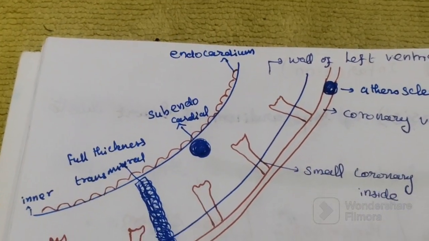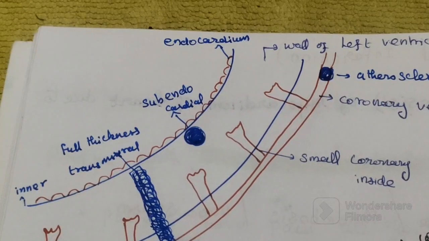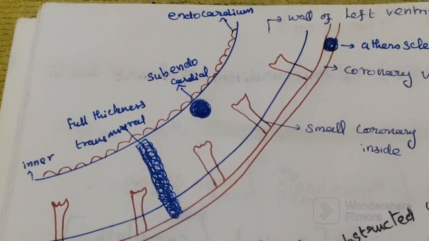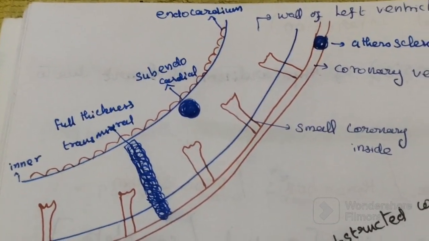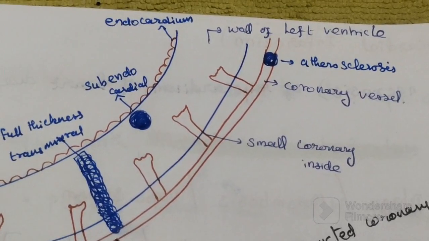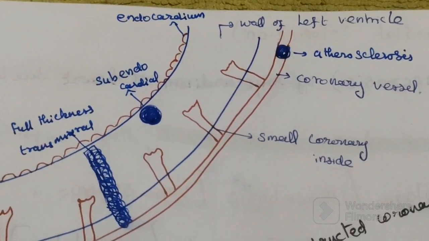Ischemia starts from the inner side and progresses over 24 hours. After 24 hours, it involves the entire thickness. So there are two types of MI.